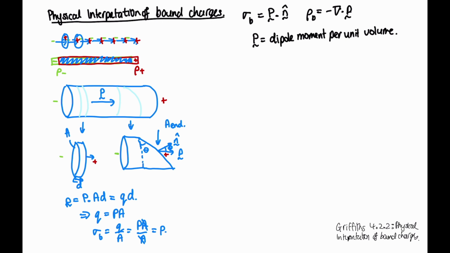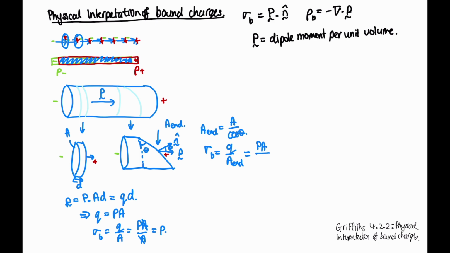So this tells us that A_n is going to be equal to A divided by cos theta. And so in this case, sigma_b is going to be equal to, again, it's just Q over A, but in this case, the A is the A_n. And Q we've said is the same, so it's still PA.